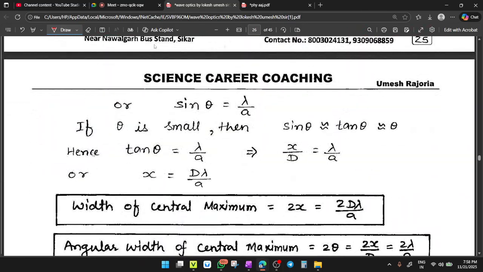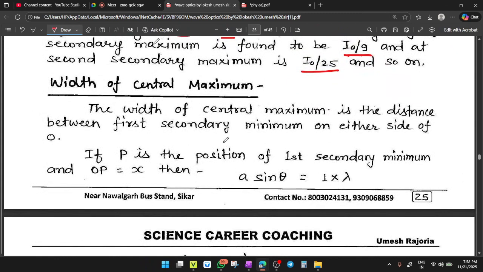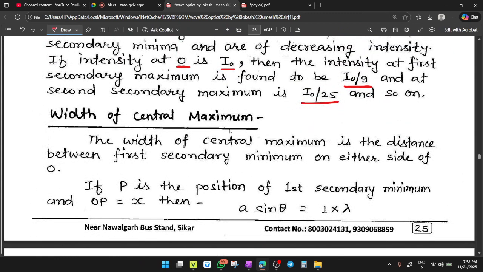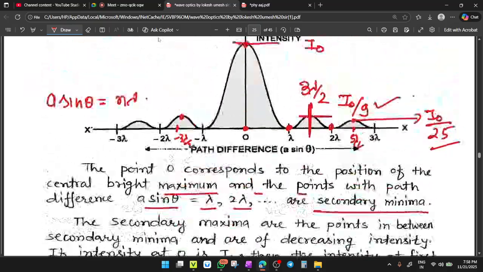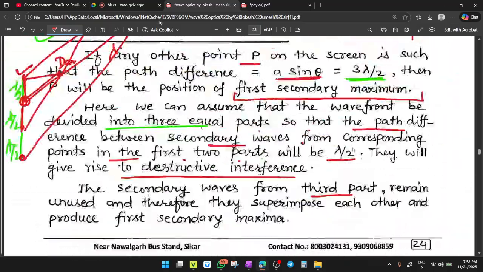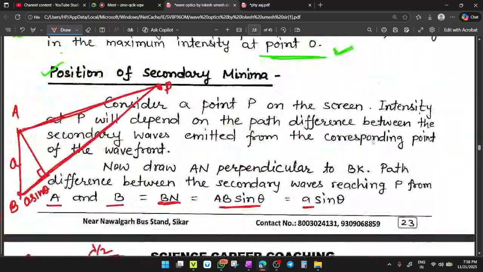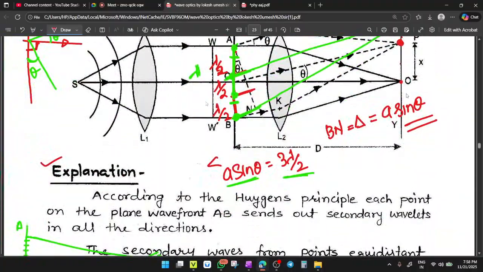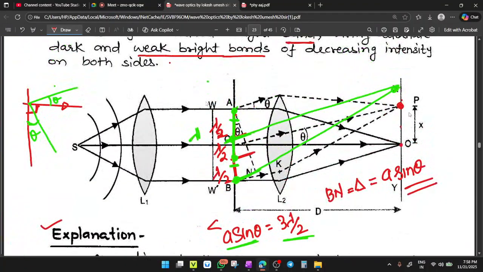Width of secondary maxima, width of central maximum. What is the width of the central maximum? It is the distance between the first secondary minimum on either side of the point O. You got your diffraction pattern, and if this is the secondary minimum, then this is the width of your primary or central maximum.